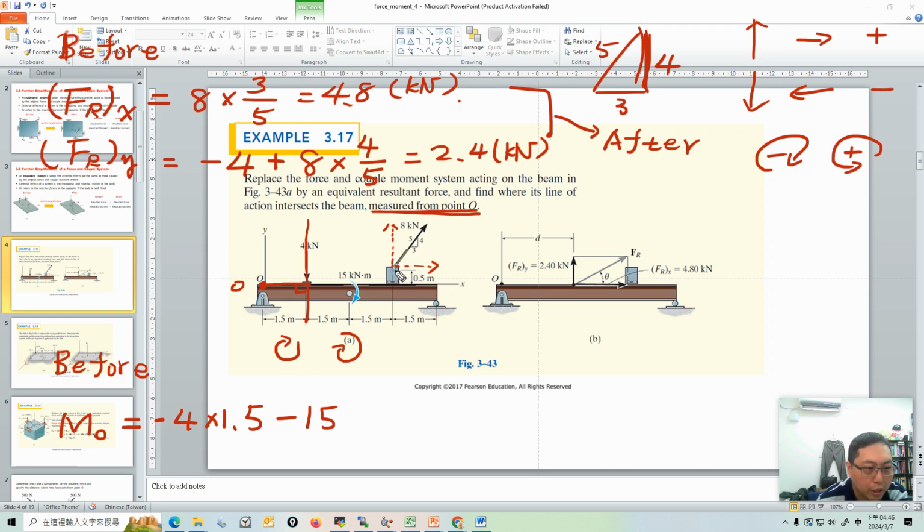If we decompose into an X component and a Y component, it will make the moment calculation easy. Here we decompose the 8 kilonewton force. So this is 4.8, and here is 6.4. Let me check.